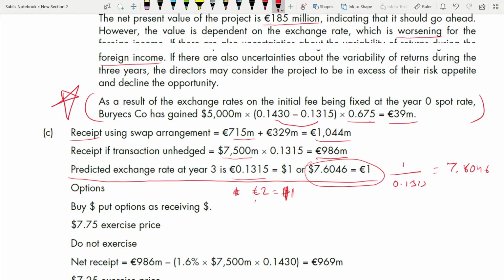Now you want to find it in euro. How many dollars will be equal to 1 euro? You want to find this in dollar. How will you find? It's just 1 divided by 2, right? Reciprocal of one another. That's it.